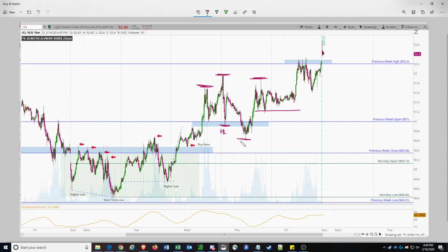I've got to get that terminology right. Here's your low, here's your high or low on each side of this. We have some nice pivot here, pivot down, hit that previous week open, we come up, we trade through it, and there's your so-called inverse head and shoulder pattern. Call it whatever you want.